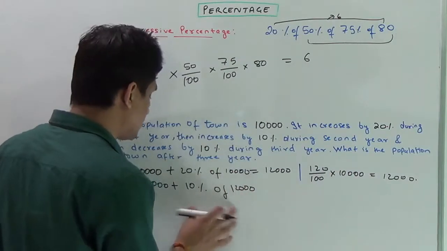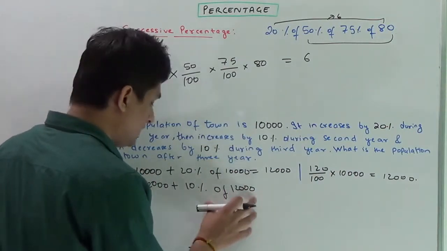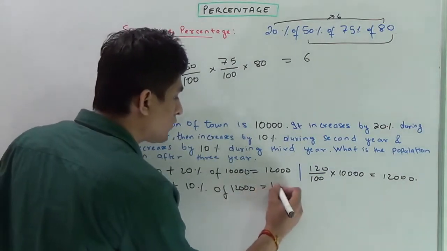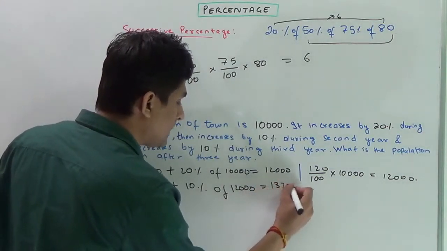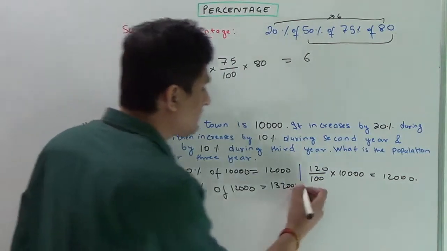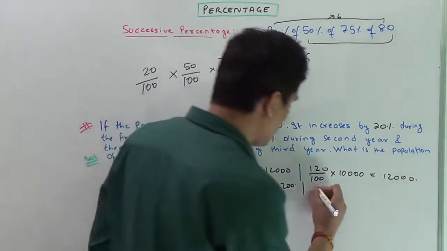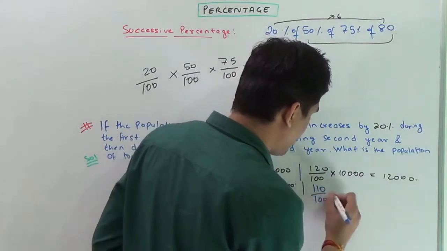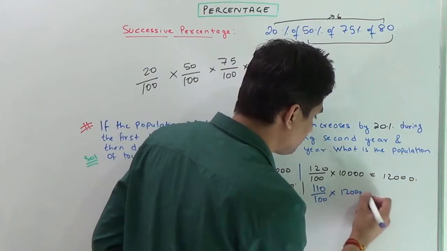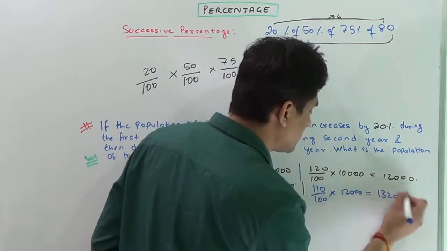So the population is now 12,000 plus 10% of 12,000, which will come out to be 13,200. You can check it easily, or you can solve it like this also: 110 by 100 into 12,000. This will be 13,200.